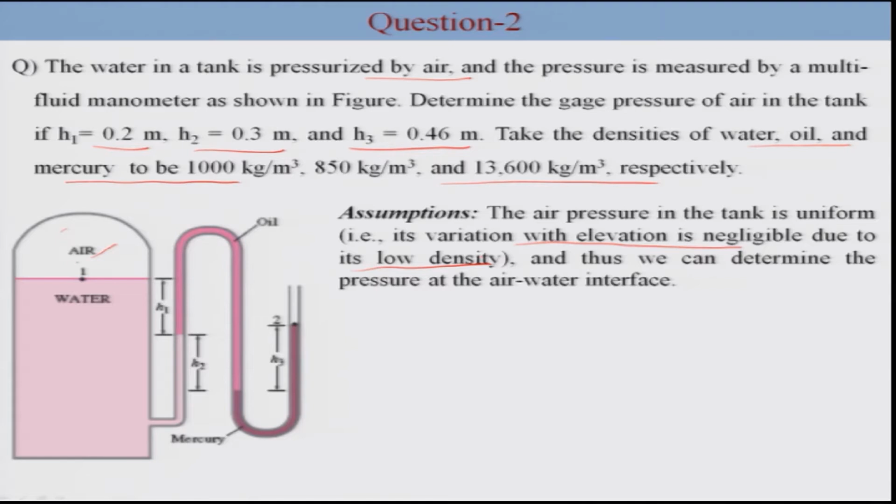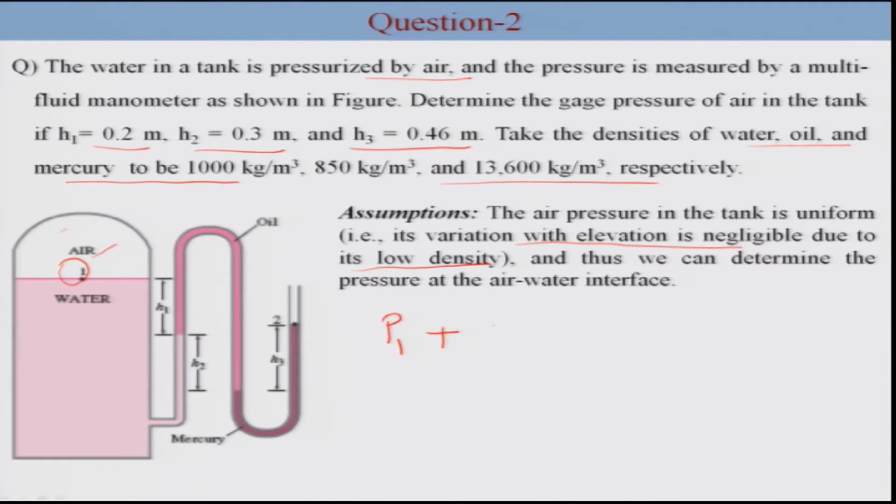If we start with pressure at point 1, we can write this as P1. So the pressure of air at point 1 is P1. Now if we move in the downward direction, pressure will increase by density, the height we are moving downwards and the acceleration due to gravity.